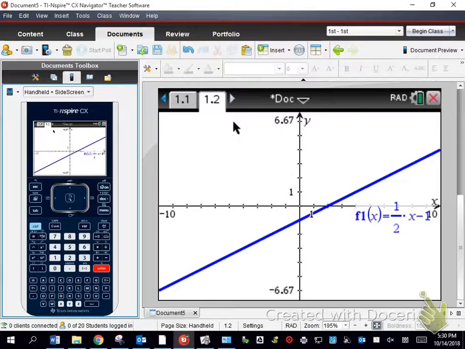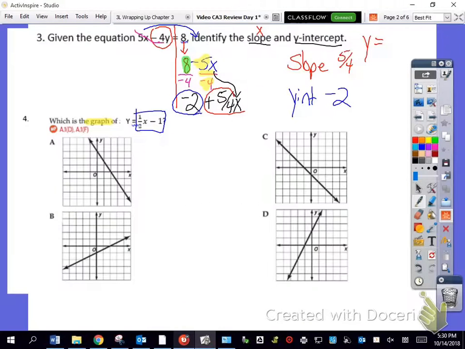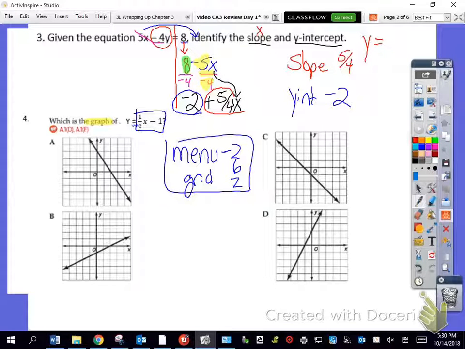Now when you get that graph, if you want to make a grid on that, you would do menu, and then 2, 6, 2. And that will give you a grid so you can see the dots. But then after that, I want you to do menu 5-1. Remember, menu 5-1 helps you identify the intercepts. And that's what we can use to really identify which graph it is.